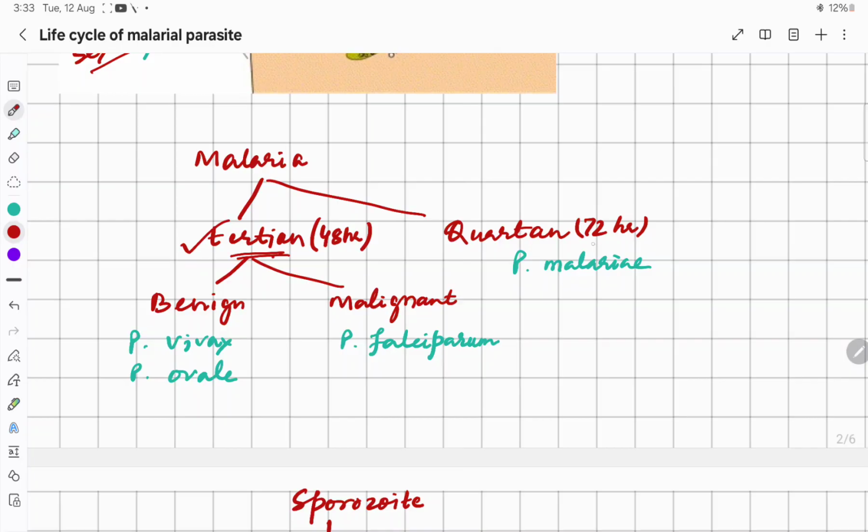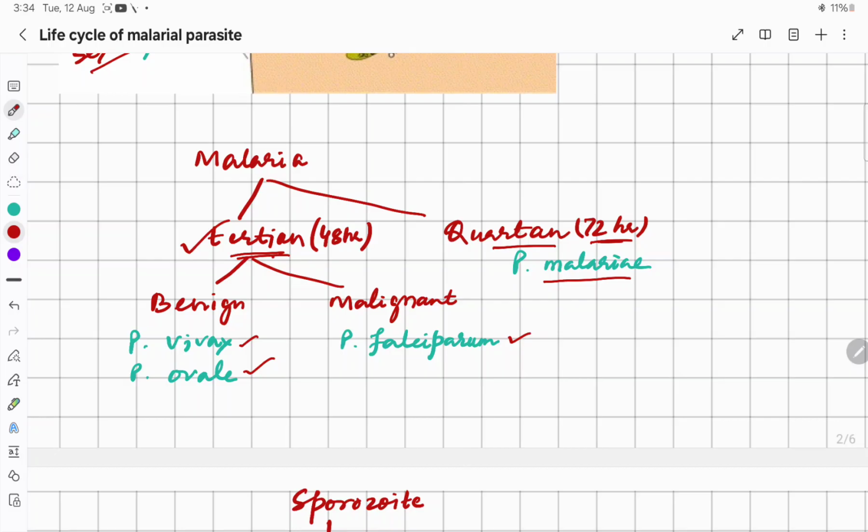And if there is a gap of 72 hours, then we call it quartan malaria. Quartan malaria is caused by Plasmodium malariae, and tertian malaria is caused by Plasmodium vivax, Plasmodium ovale, and Plasmodium falciparum.